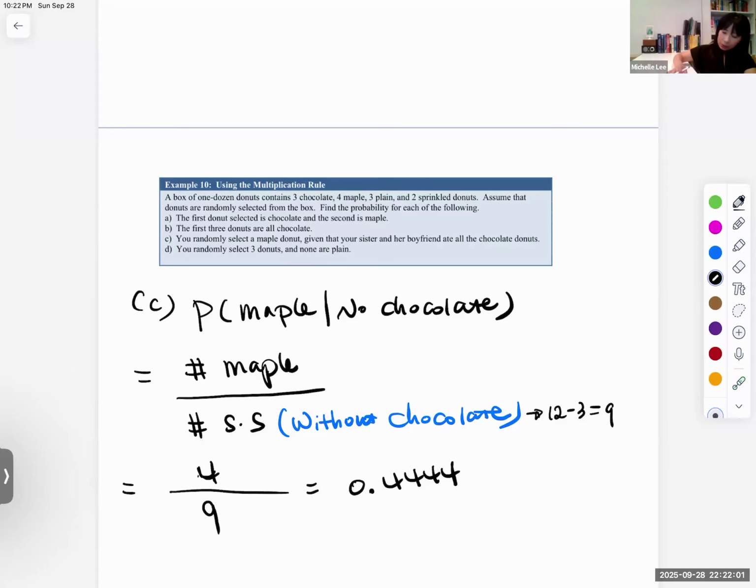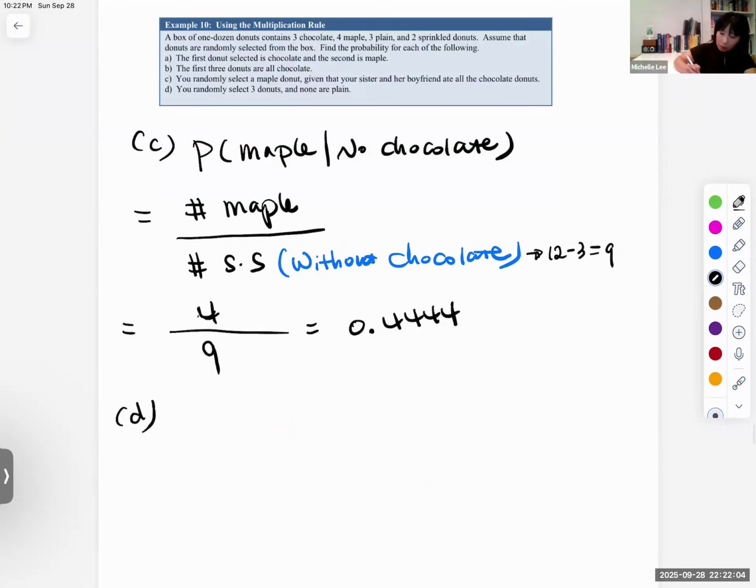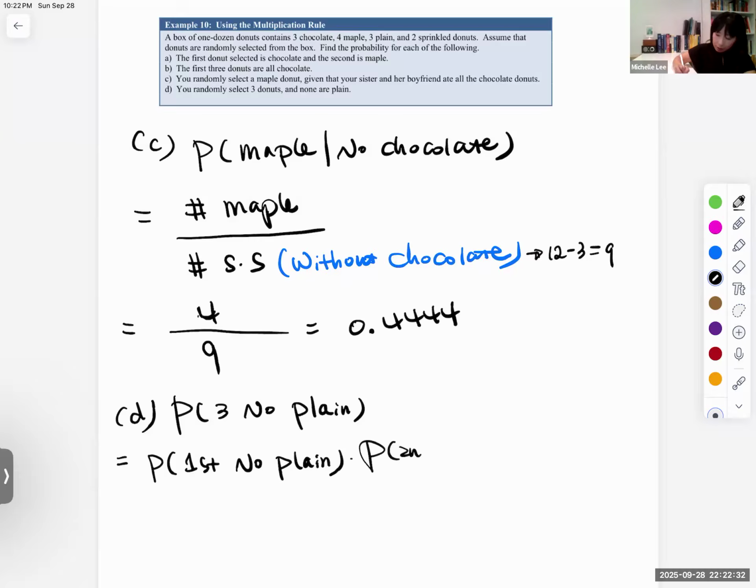All right, so the probability of 3 non-plain, no plain. There will be first no plain, and second no plain given the first no plain, right?